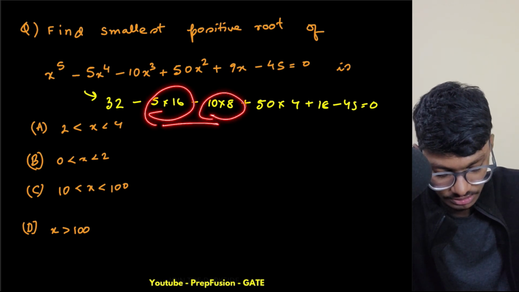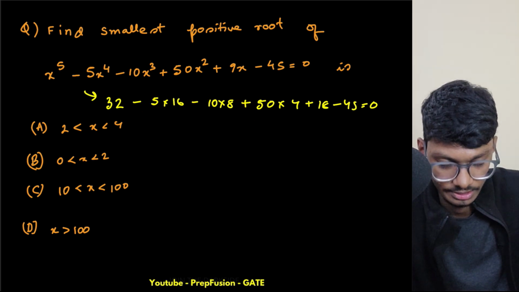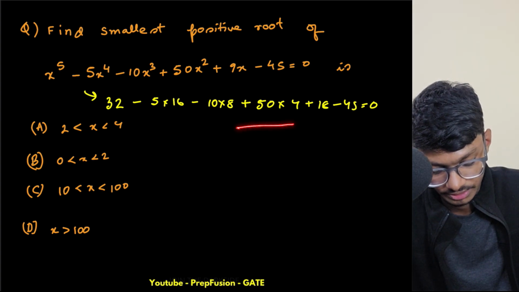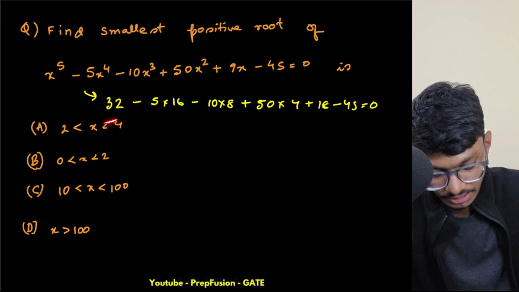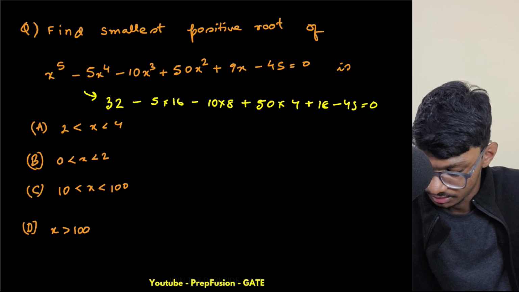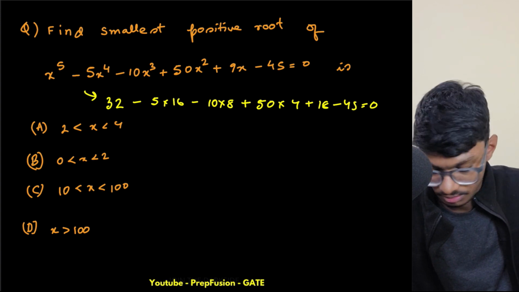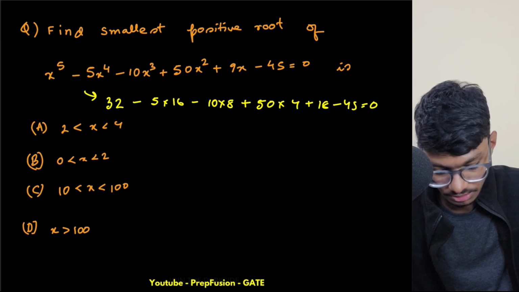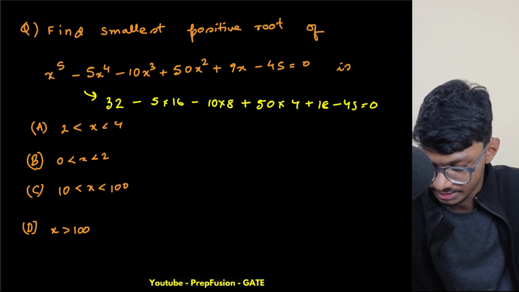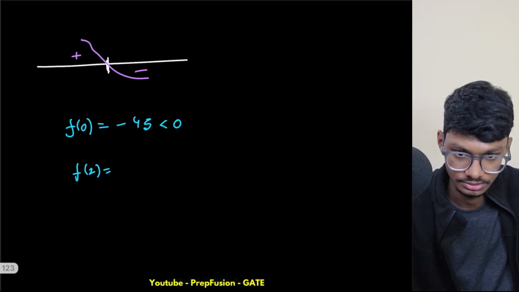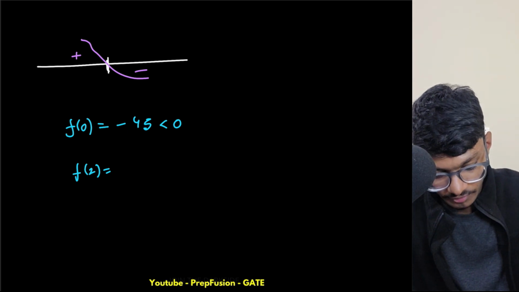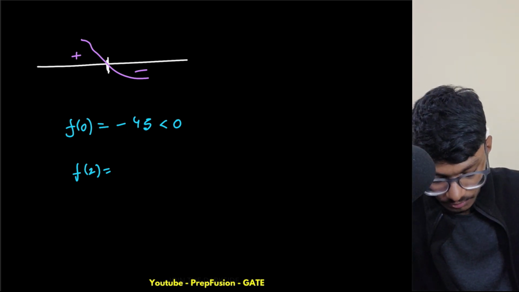So this is minus 160 and this is plus 200. So this is plus 40, and we are adding plus 40 with this and subtracting this. So 32 plus 40 plus 18 minus 45. It is plus 45. Okay, so here what we are getting is it is going from positive to negative.